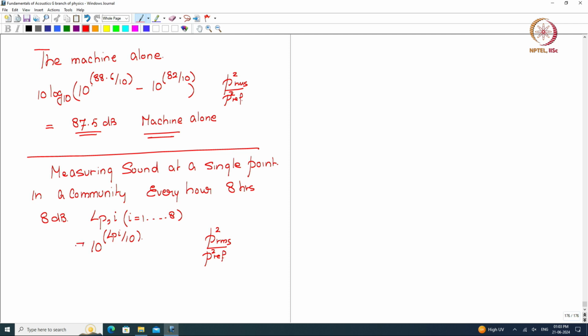You sum them up, i going from 1 to 8, then you divide by 8. So now you have the average linear unit, the average p square RMS by p square reference. Then you take 10 log to the base 10. That gives you the average SPL over an 8-hour period.